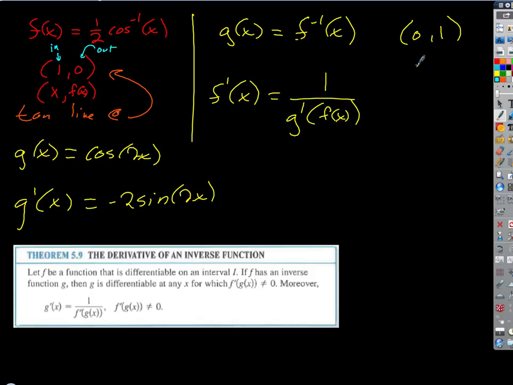For the inverse, it gets flipped. So 0 is the in, and 1 is the out, right? So we're just taking the reciprocal of the derivative of the inverse at its input, which is the output of the original function, right? You get what I'm saying?